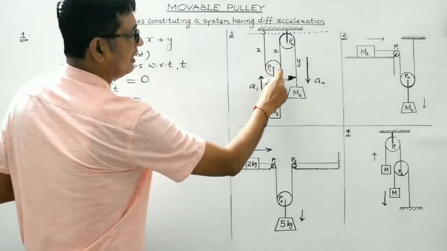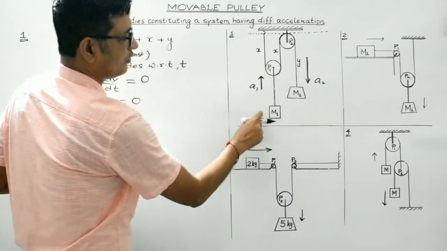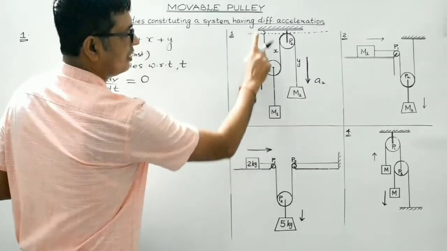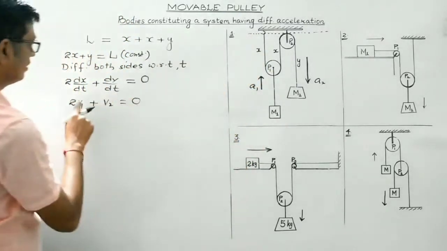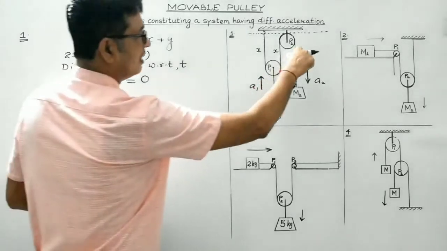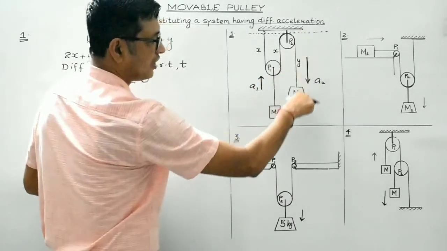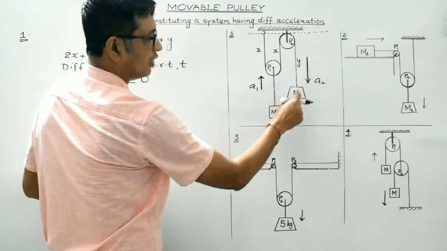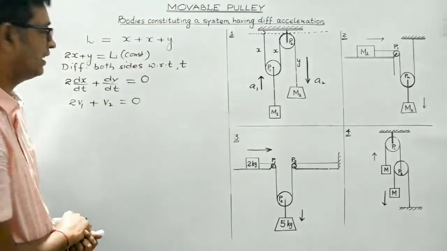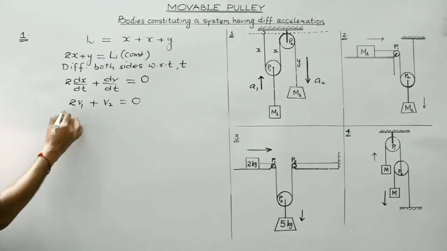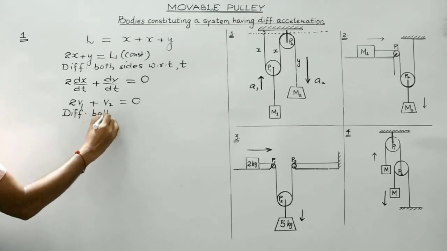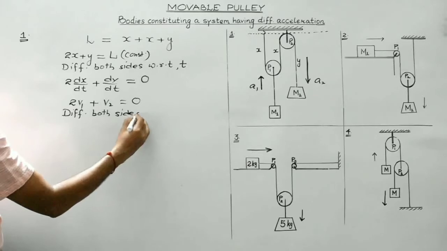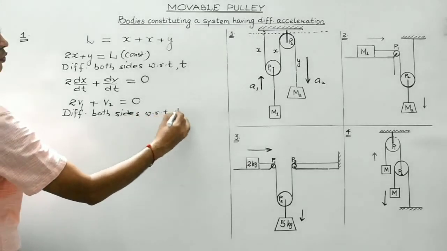V1 is the instantaneous velocity of this body, right? The rate of change of displacement will give us the velocity. And here, the rate at which the value of y changes will give us the velocity of this particular body. Right, students? Instantaneous velocity. So again, let us differentiate both sides with respect to time.